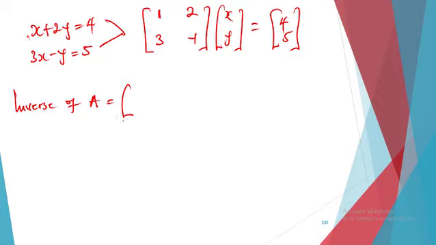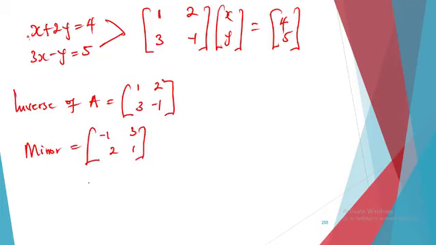Our A is 1, 2, 3 and minus 1. To find the inverse of A, we need to find the minor first. The minor will give us minus 1, 3, 2 and 1.